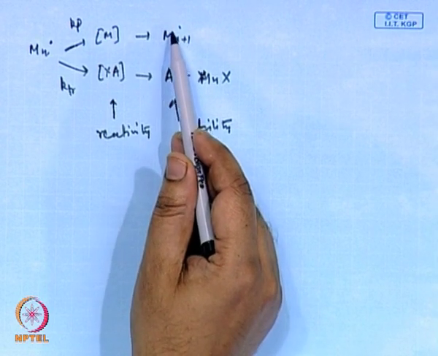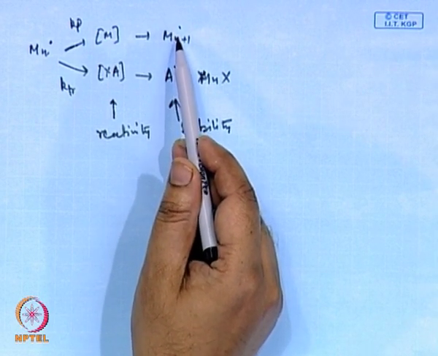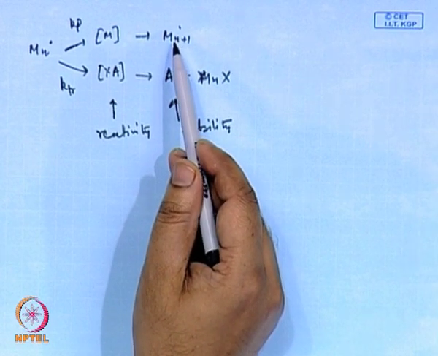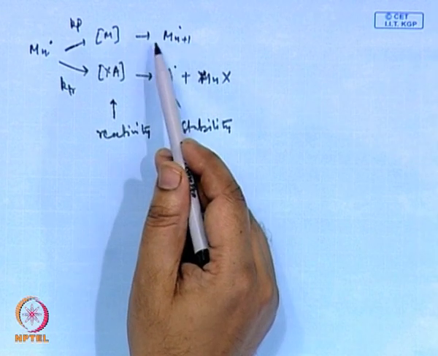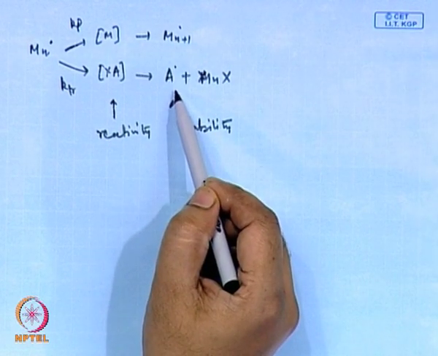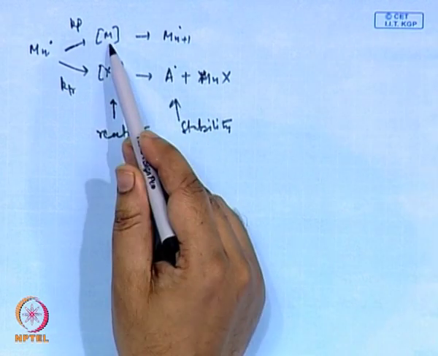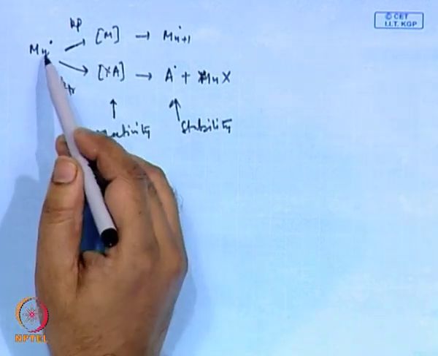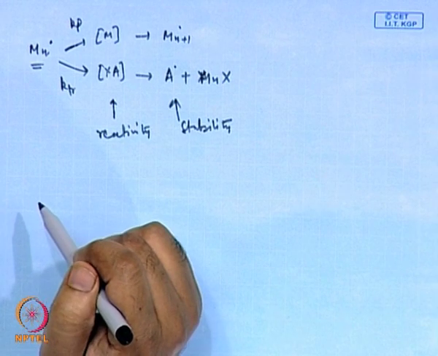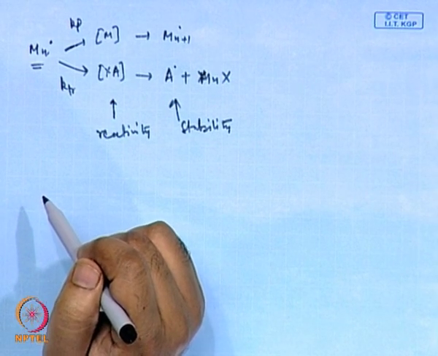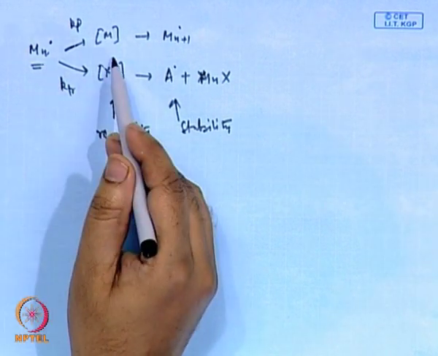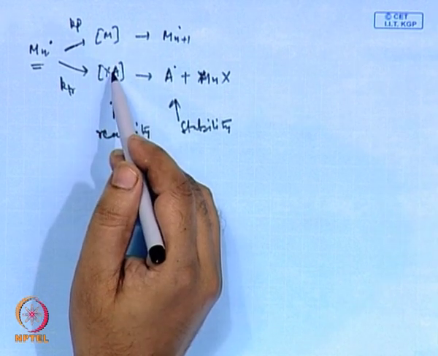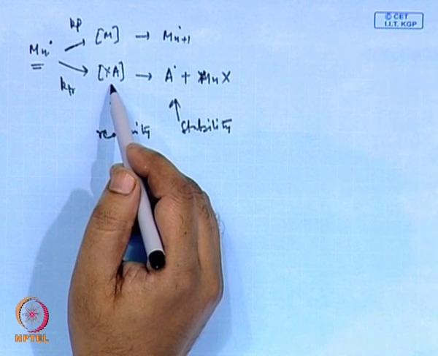If this Mn dot, the original propagating radical, is more stable, then obviously propagation will be the more preferred reaction over the transfer reaction. If the reactivity of the original propagating radical is very high, then it cannot distinguish to that extent.